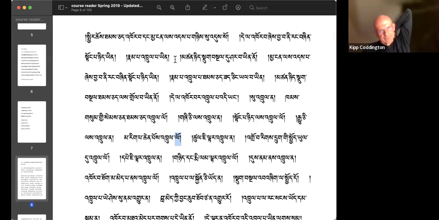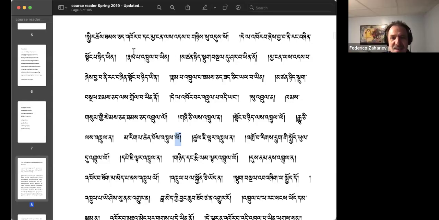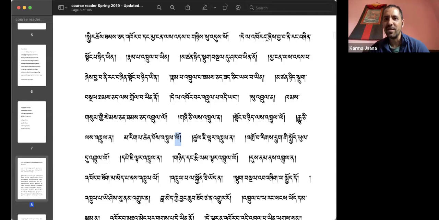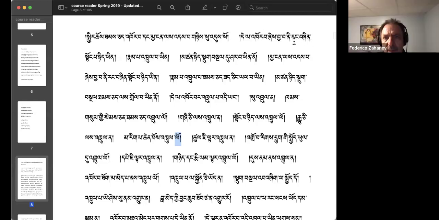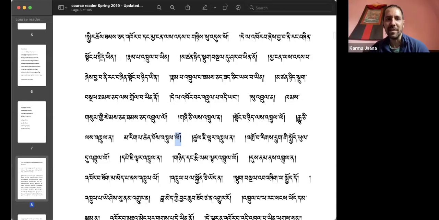The appearance of what? Korwa Shejawa ni, as that for what is called Korwa, samsara. Rangshin is nature. Tongpa ni yin. The nature of samsara, of that which is called samsara, is Tongpa ni, emptiness.